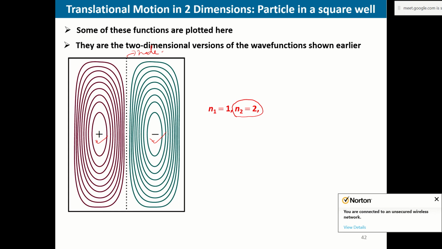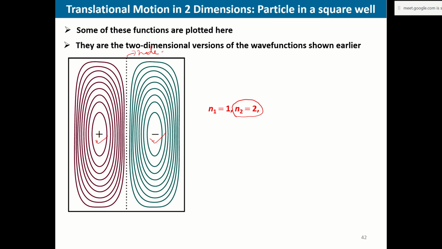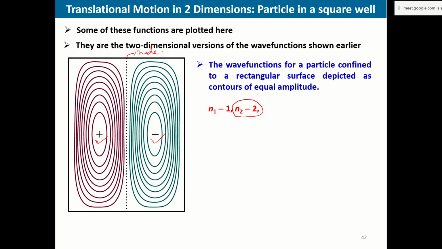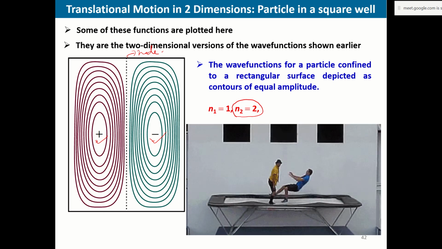Imagine a trampoline with two persons jumping in such a way that while one is going up, the other is going down on the other side. So two halves. That kind of motion is represented by this kind of curve. Not exactly the picture, but to some extent it is a physical picture you can think of.